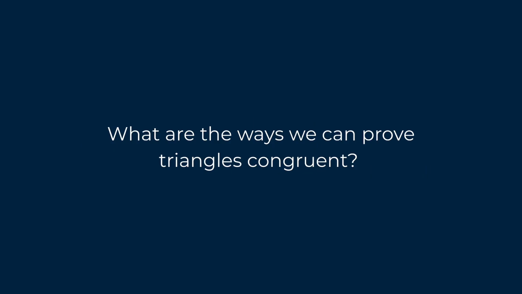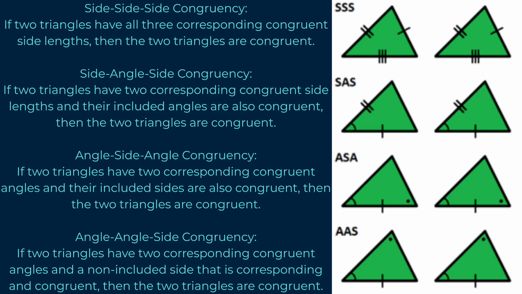So what are the ways we can prove triangles congruent? There are four main ways, like I've said before. We're going to go through each of them one by one. Side side side congruency. If two triangles have all three corresponding congruent side lengths, then the two triangles are congruent.